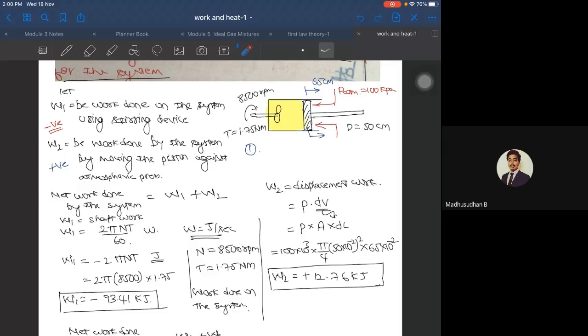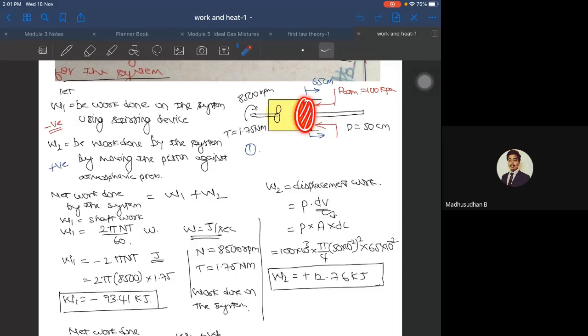Next, W2. You are moving the piston against some pressure, which you have to calculate now. So displacement work is given by P into dV. Again, change in the volume is the change in the length into area, correct? Now I want the displaced volume.